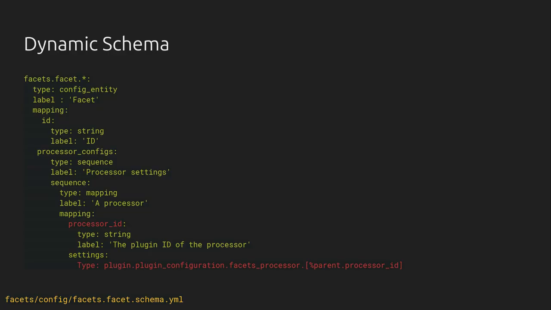So we're using this special syntax here, parent.processor ID, and this parent.processor ID actually means look at our parent, look at the processor ID value of that parent, and use that as a type. So this is going to dynamically compile to a new type. Let's see.